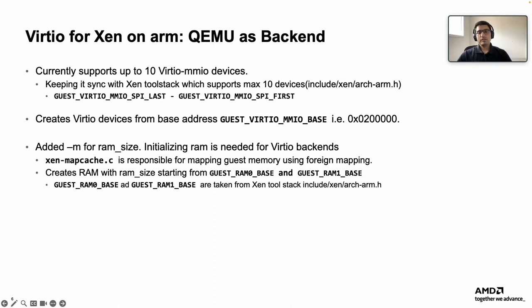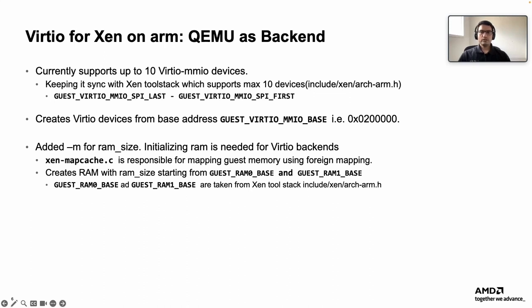It can support up to 10 devices, and this was done to keep it in sync with the Xen tool stack, which allowed a maximum of 10 VirtIO devices. Most of the constraints we have used for VirtIO are taken from the Xen tool stack public header, which is arm.h, just to keep it aligned with the tool stack.